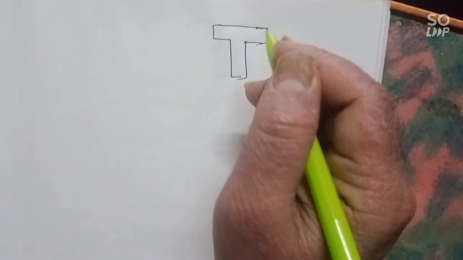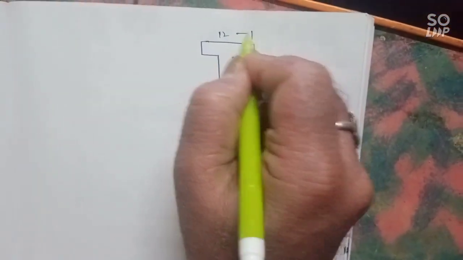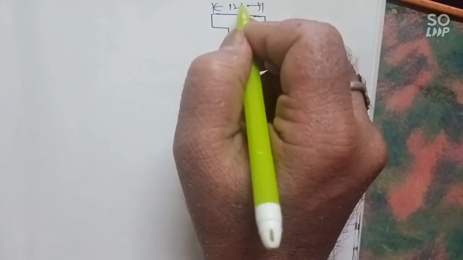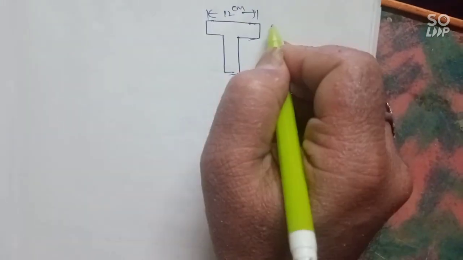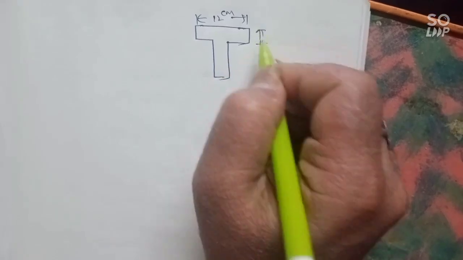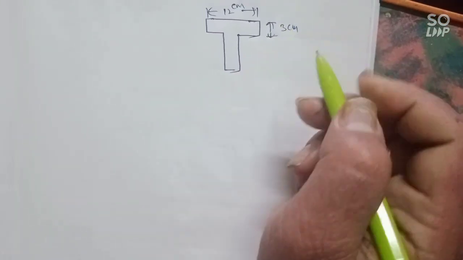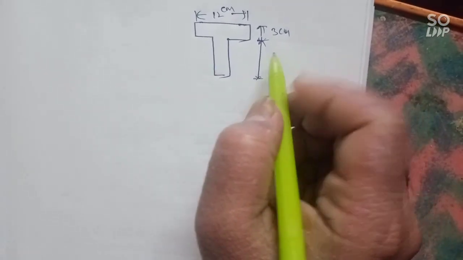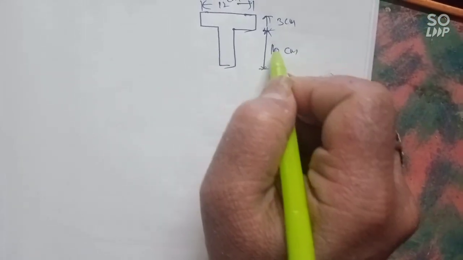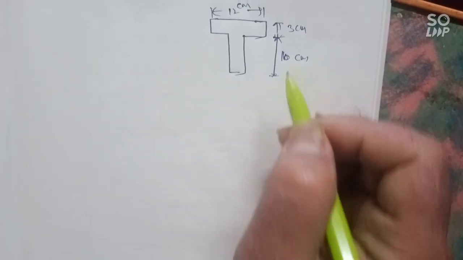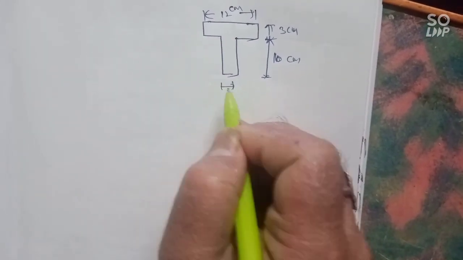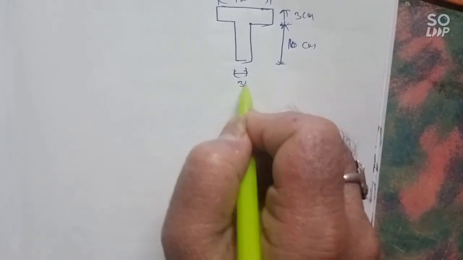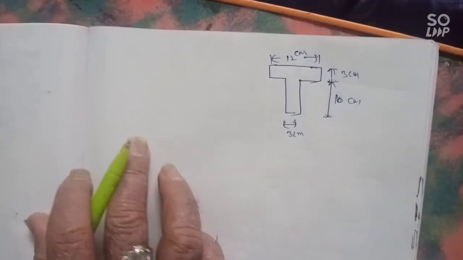The top flange of the T section is 12 centimeters wide and 3 centimeters thick. The bottom web is 10 centimeters in height and 3 centimeters in width. For this diagram we need to find the center of gravity.